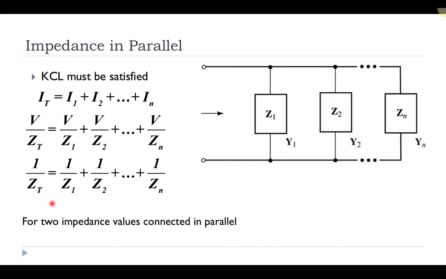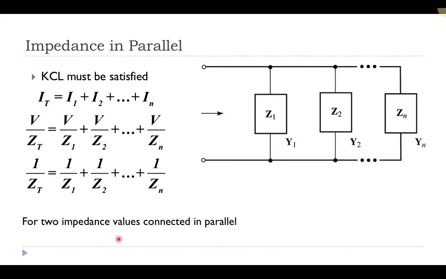Impedance values connected in parallel behave like resistors or inductors connected in parallel. Those values add as the reciprocal. And the big difference between just a resistor or just an inductor is that these impedance values are phasors. So I have to treat them like complex numbers when I add them, and I can't just add the reciprocal of the numerical value.